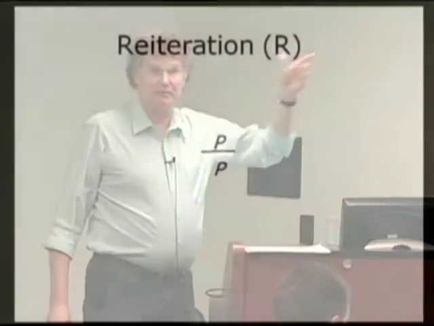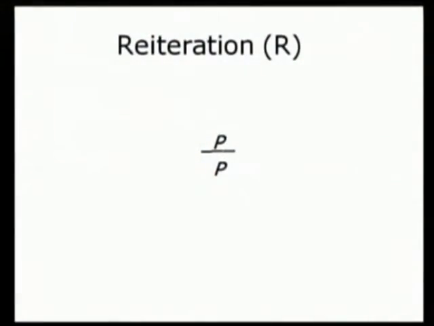It just means that if you've got any line, any sentence at all, someplace in the proof, you're perfectly entitled to repeat it elsewhere later on in the proof. So if you've got it in a main derivation line, you could repeat it in a sub-derivation column. You'll see what I mean in a minute. So this rule just means that from P, you're entitled to infer P.